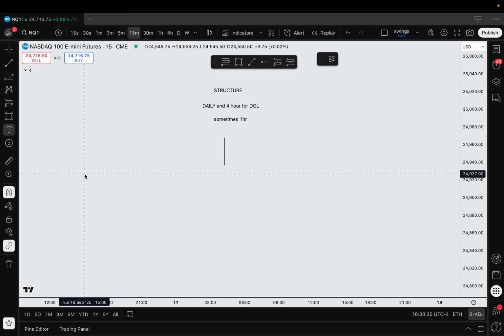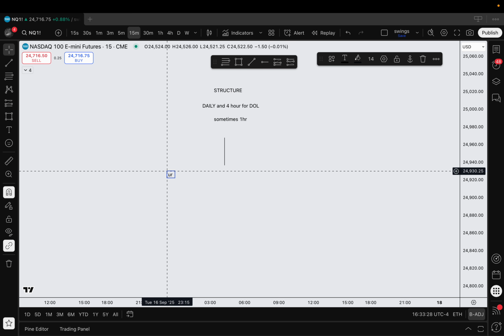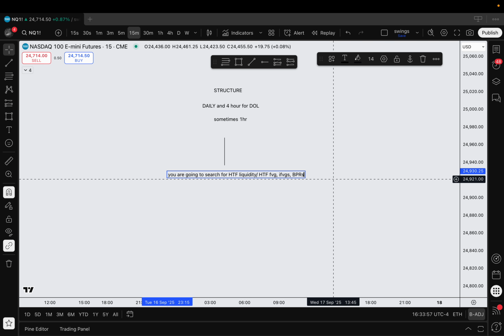You are going to search for high time frame liquidity, high time frame fair value gaps, inverse fair value gaps, BPRs, and pretty much just imbalances in general.